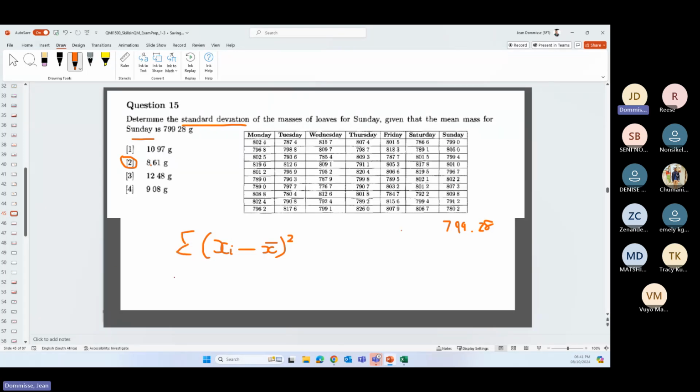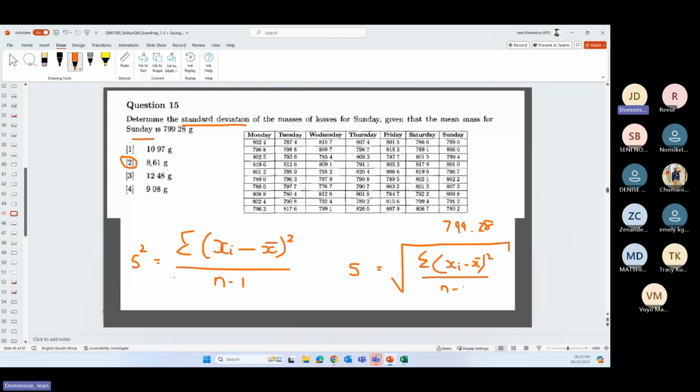You need to add them together, and then you will say n minus 1. So that is for the variance. And then to get to the standard deviation, we will need to square root that. Okay, so this is a lot of work if it is this big a sample for you to do on paper.